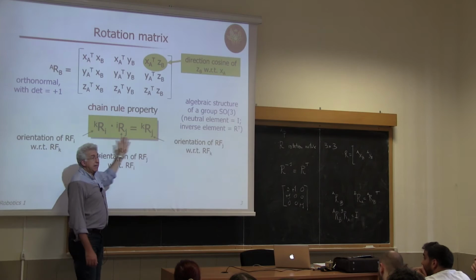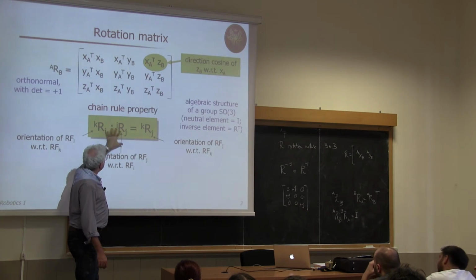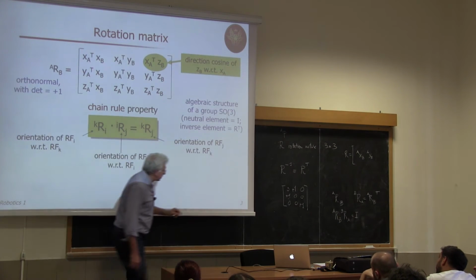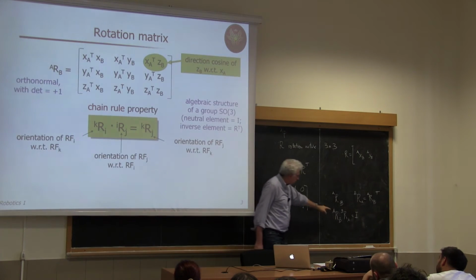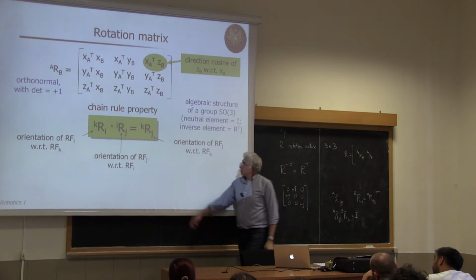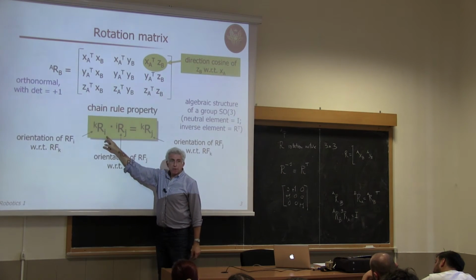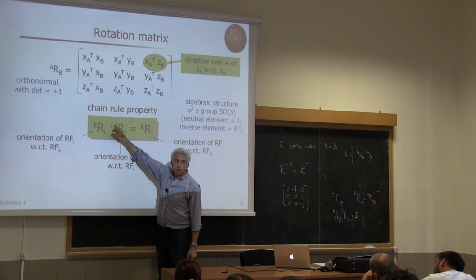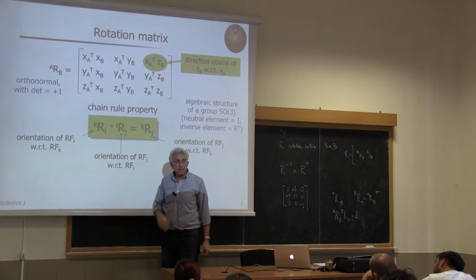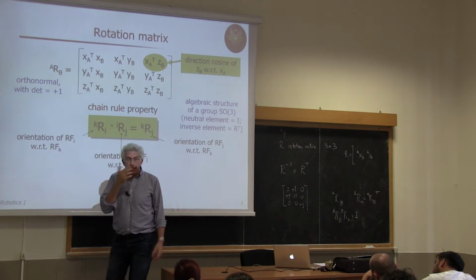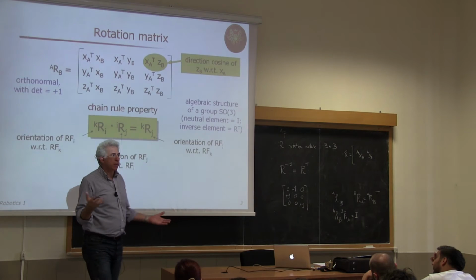Now, there is a nice interpretation if you do things properly, like we did here. So if you have this inner index, the subscript of the first matrix and the superscript of the second matrix of the same kind, then you have a clear interpretation of what you're doing.